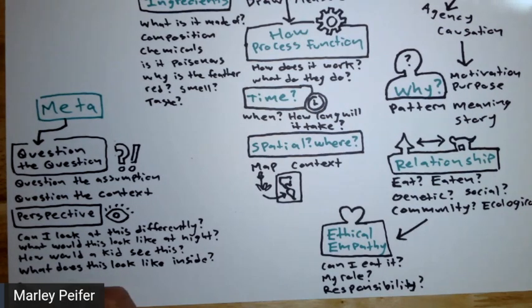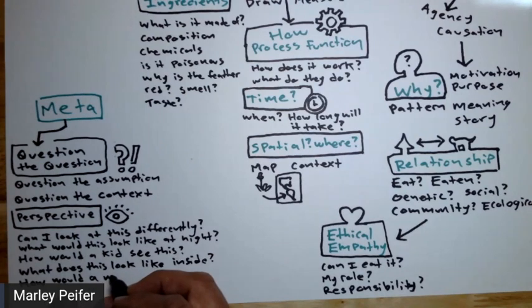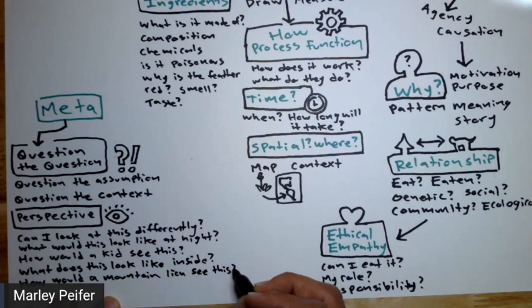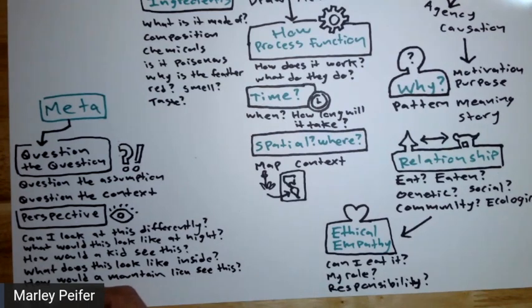Another example would be, how would a mountain lion see this? How would my dog, I don't have a dog, by the way, but how would my dog see this?